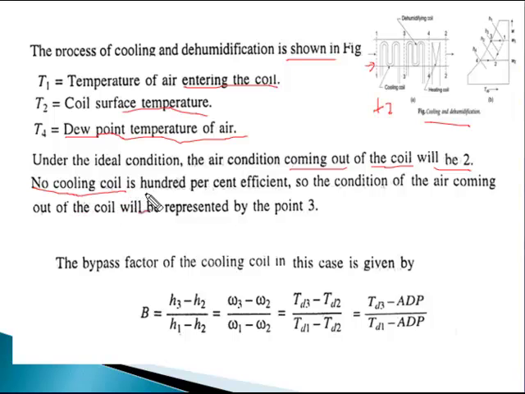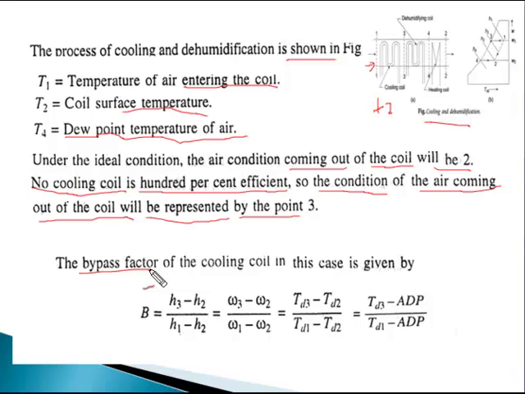No cooling coil is 100% efficient, so the condition of the air coming out of the coil will be represented by point 3.